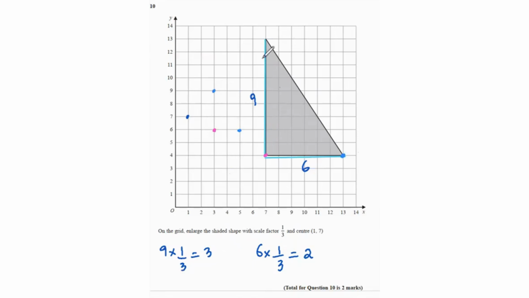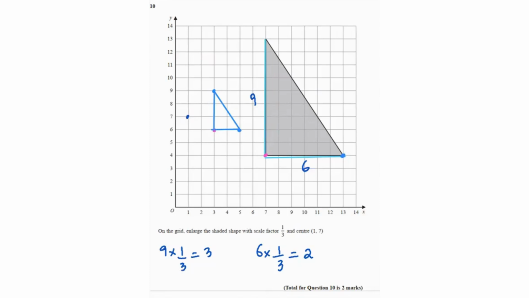And if you compare its position from the center, it's 1, 2, 3, 4, 5, 6 units vertically and 6 horizontally. So that's 2 horizontally and 2 vertically because 6 divided by 3 is 2. Now we just connect these points. And this is our enlarged triangle.